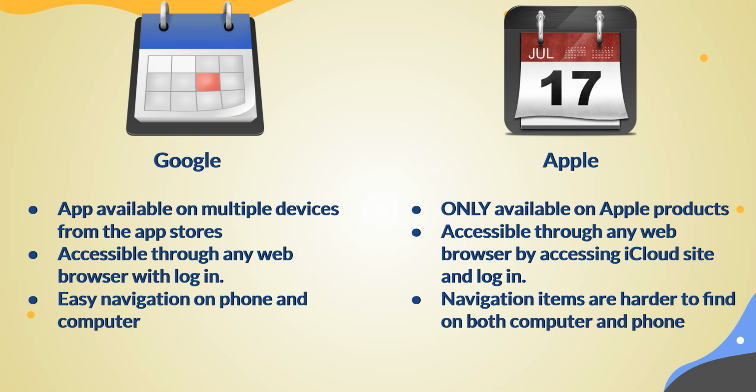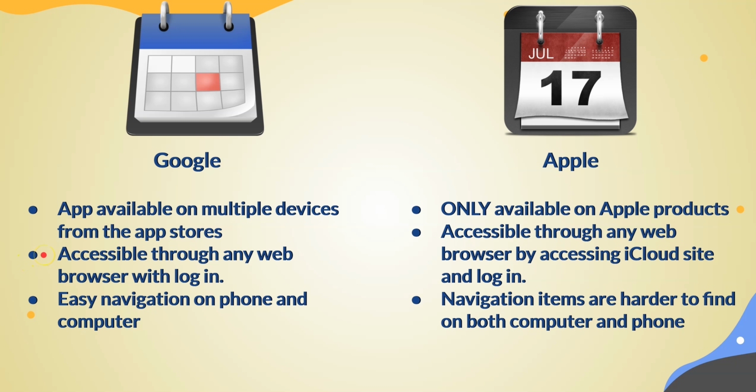the iCal. In the first part of my comparison, the Google Calendar app is available on multiple devices, and you can get that from any of the app stores that come with those devices. For Apple, you can only get that on Apple products. It doesn't cross over to Windows products or any sort of tablet other than an iPad.